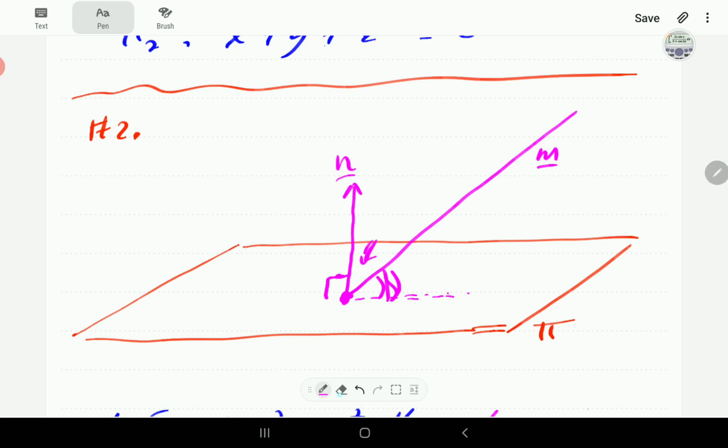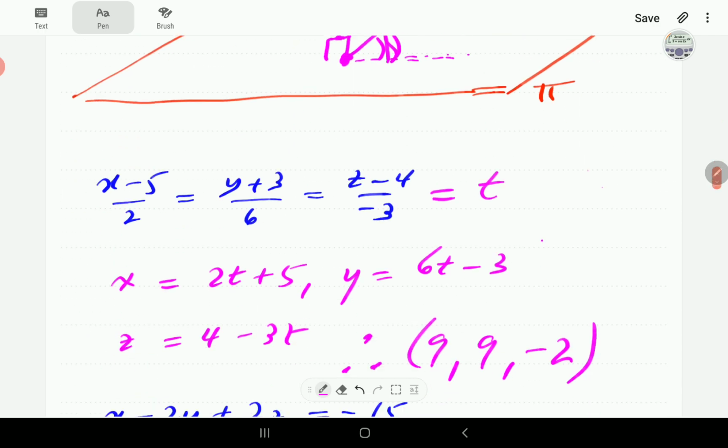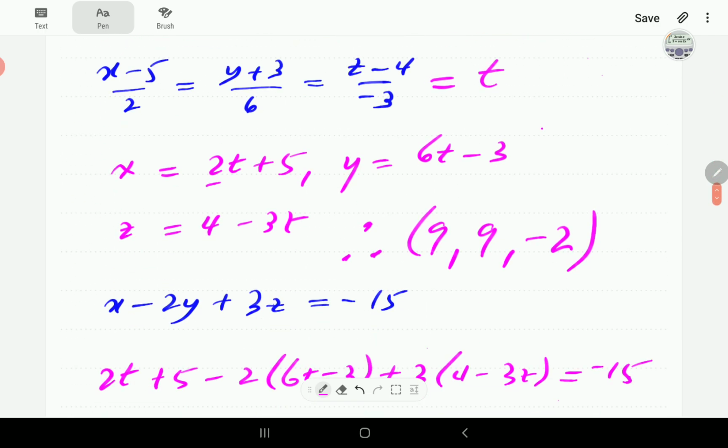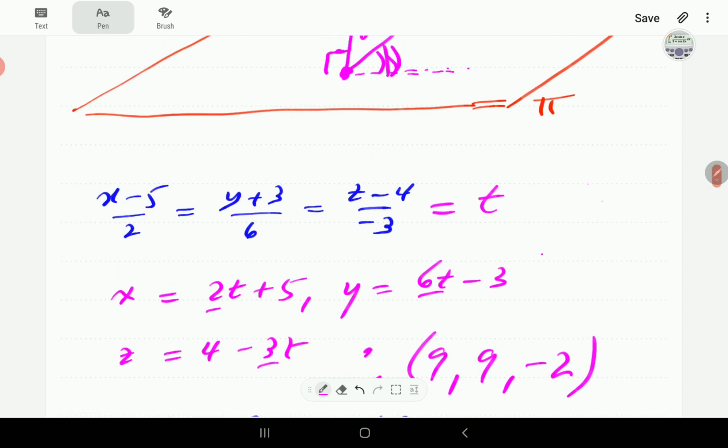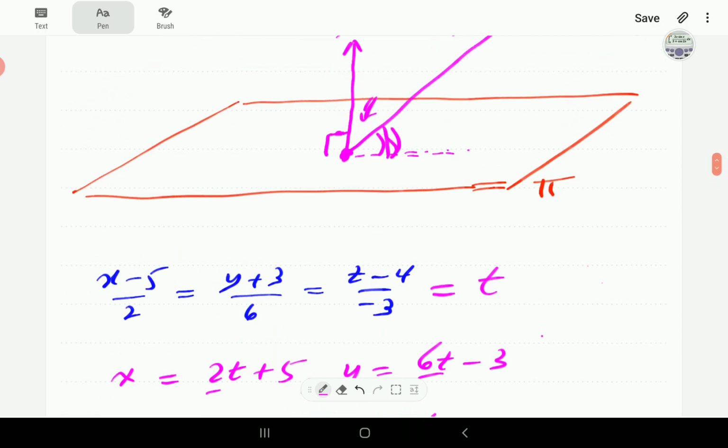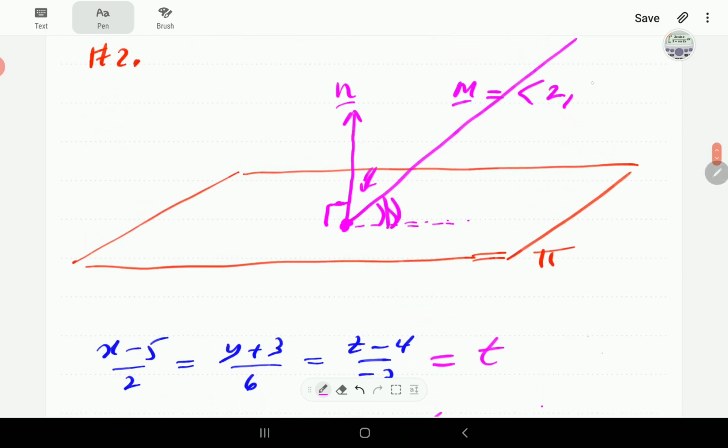It's just going to be the coefficients of the parameter, so it's going to be 2, 6, minus 3.